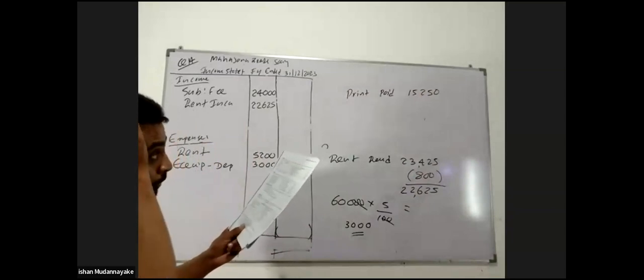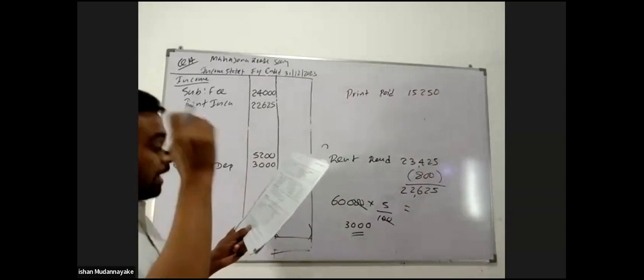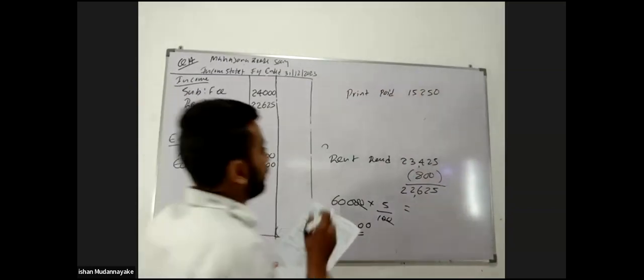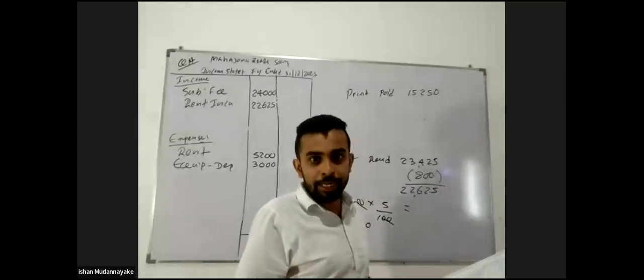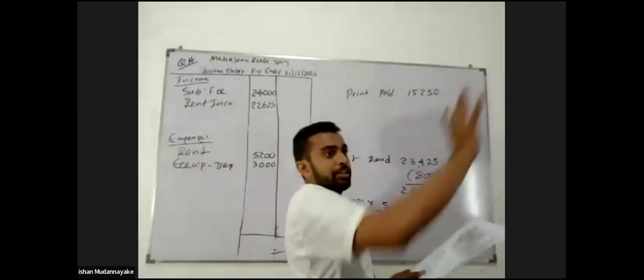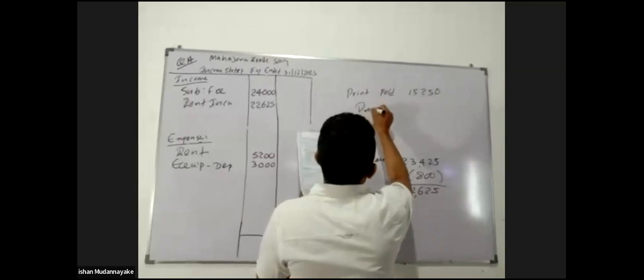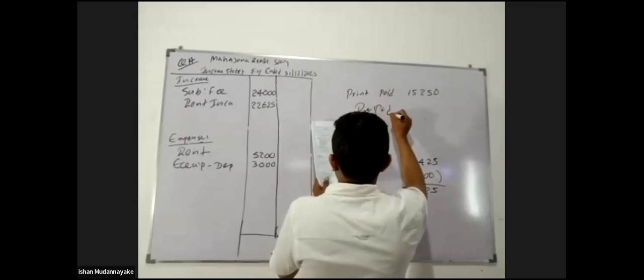But out of 50,250, prepaid printing is 700. That is the amount paid for the next financial year, not for the current financial year. Prepaid amount 700 minus.